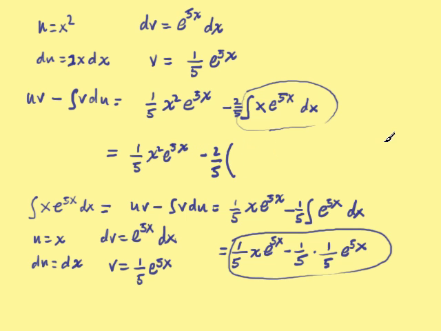And now I'm just going to replace this integral with what we got down here. So that's just copying it over. That's 1/5 x e to the 5x minus 1/25 e to the 5x. And I'll put the plus C out here.